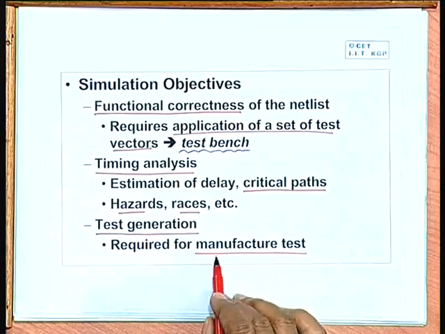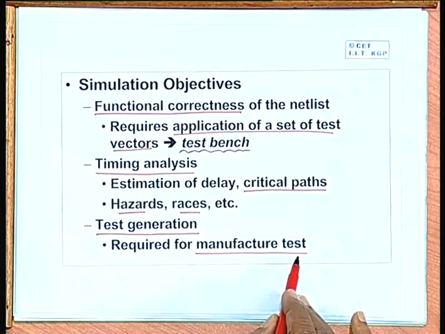Now during fabrication there can be a large number of faults which can creep in, obviously. So once you have manufactured the circuit in terms of the chips, you will have to test each and every chip by applying some input stimulus, input test vector and checking the output. This is the so called manufacture test that I am talking about.